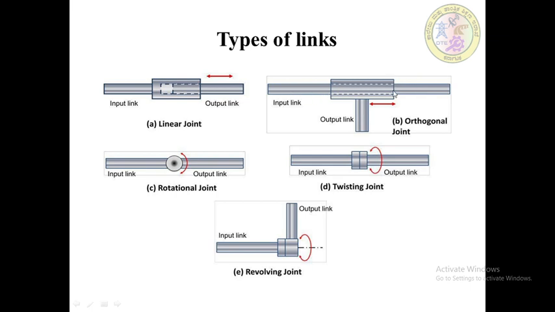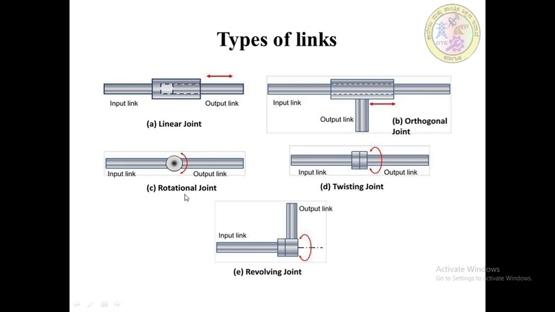This is the input link and this is the output link. The output link attached to the input link has to travel over the overall span in the positive x or negative x direction. If it is a square, it has only one single degree of freedom. If it is a round rod, it sometimes has some rotary motion in the y direction also. This is known as the orthogonal joint.